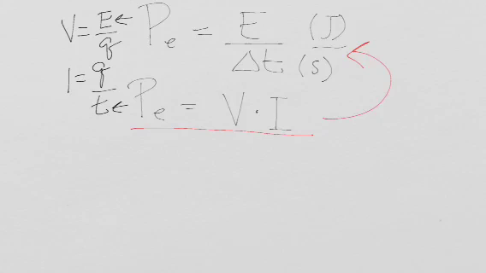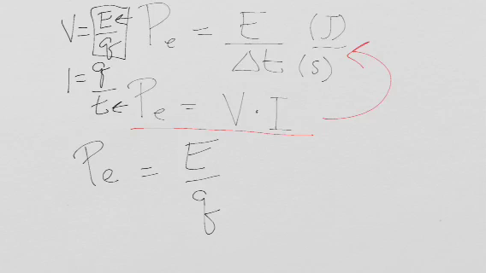We know that PE is equal to V times I. But what is V also equal to? V can be replaced by E over Q, can it not? Yes. Now, what can I replace I with? Q over delta T.